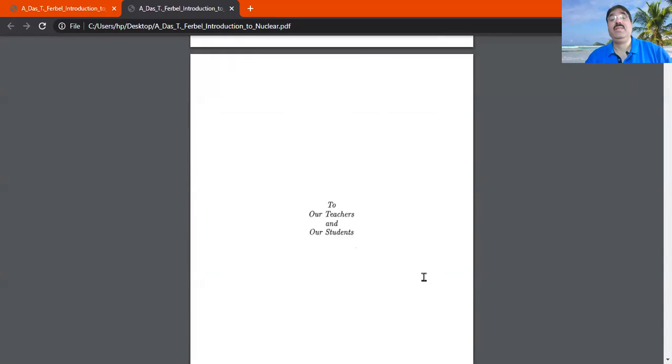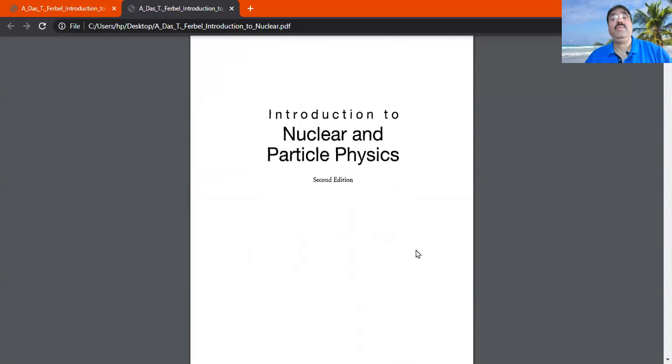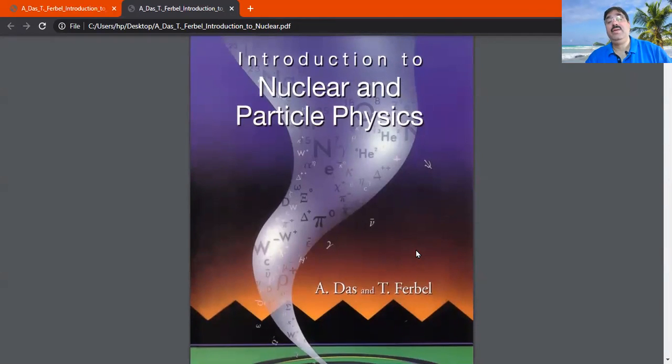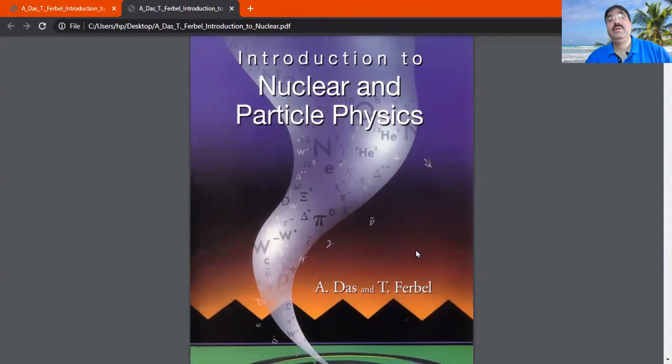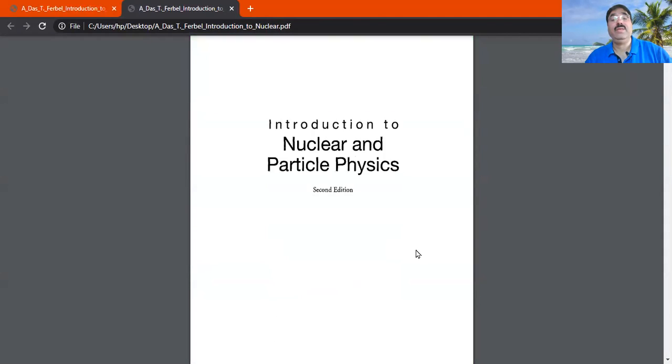Now you can see the book, Introduction to Nuclear Physics by Das and Ferbel. This is one of the very important books in nuclear physics.